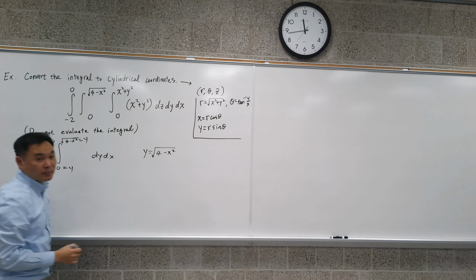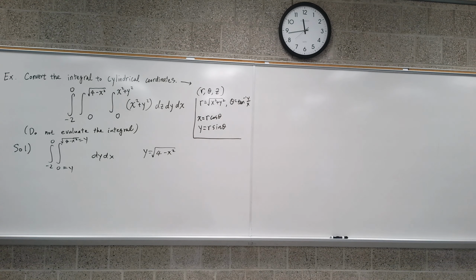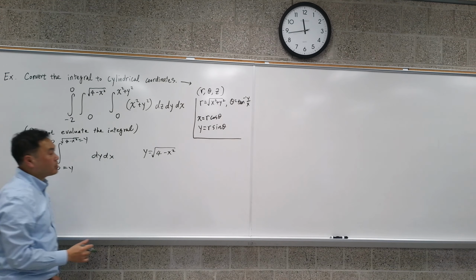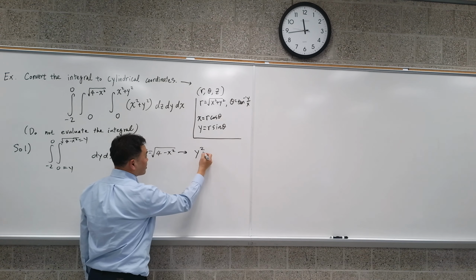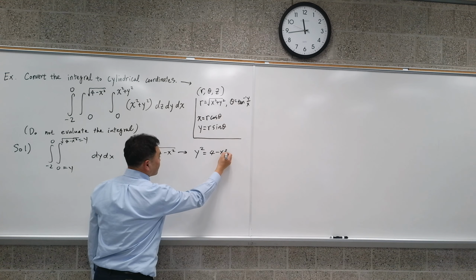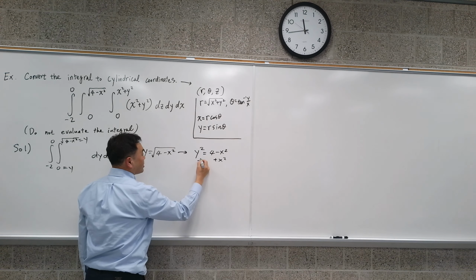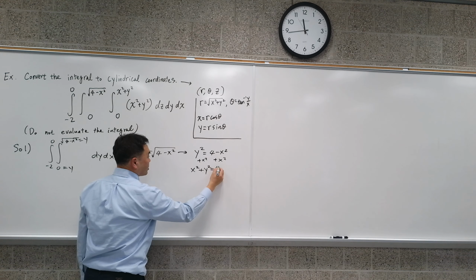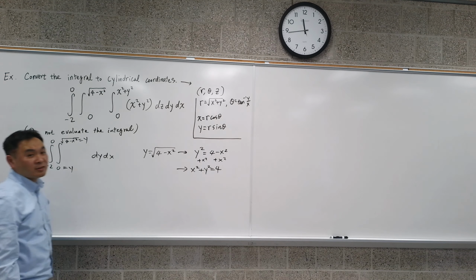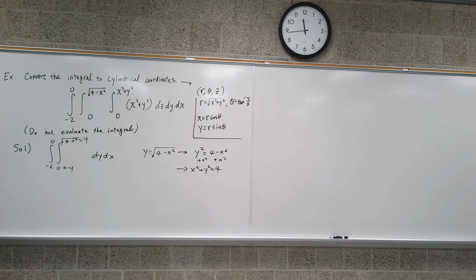What's that? Well, if you don't recognize this, you can square both sides. Add x squared to both sides, and you get x squared plus y squared equals 4. What's that? Circle. It's a circle of radius 2.